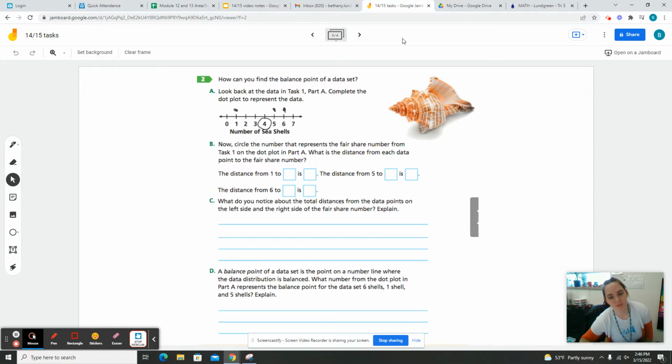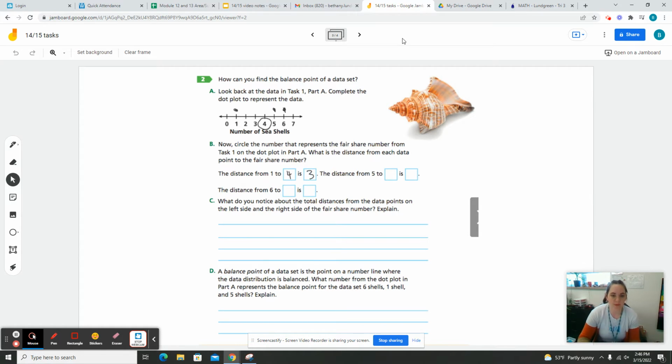And then what is the distance from each data point to the fair share number? Well, let's start with 1. If you look at 1, it's 1, 2, 3 from the fair share number. So from 1 to 4 is 3.